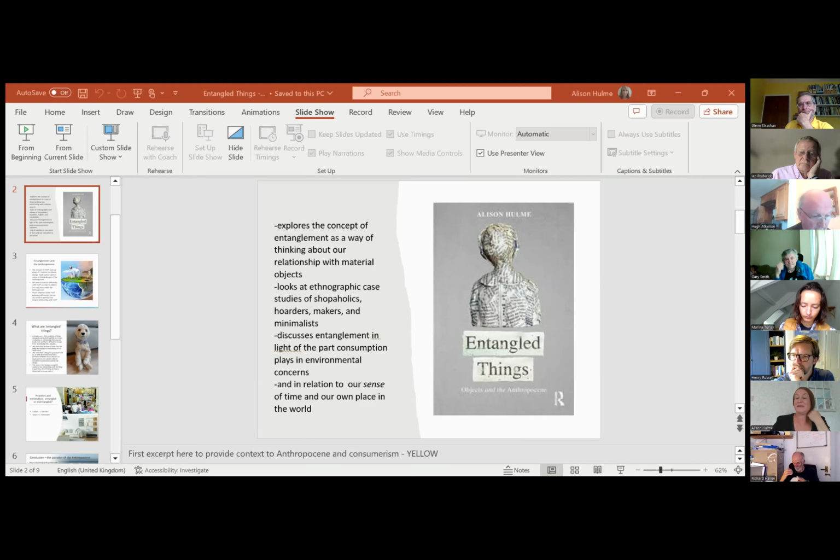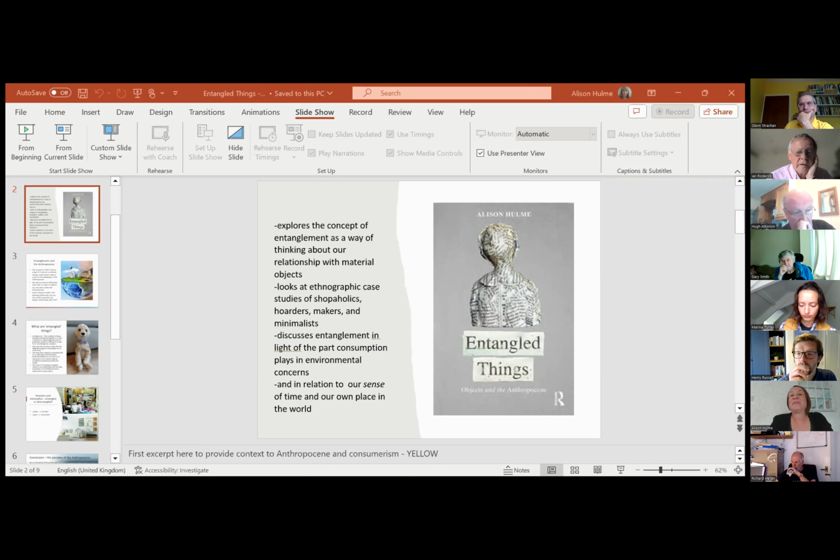But I and many others are of the opinion that alongside that, we also need to question our deeper relationship with stuff. And in questioning that relationship, we come up with some paradoxes about this concept of the Anthropocene. That is in large part what the tail end of the book is about.